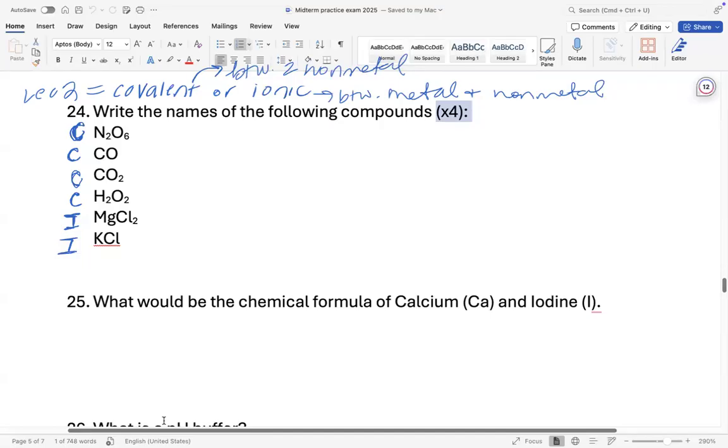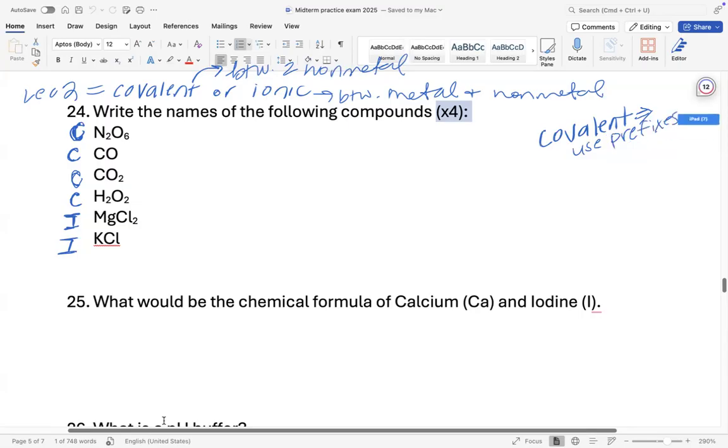All right. So now that we've determined if it's covalent or ionic, let's do a little refresher of the naming rules. All right. So covalent is when you use those prefixes. So you use prefixes based off of the numbers.